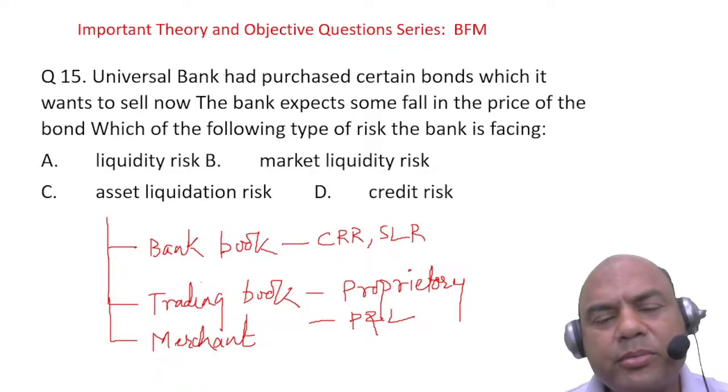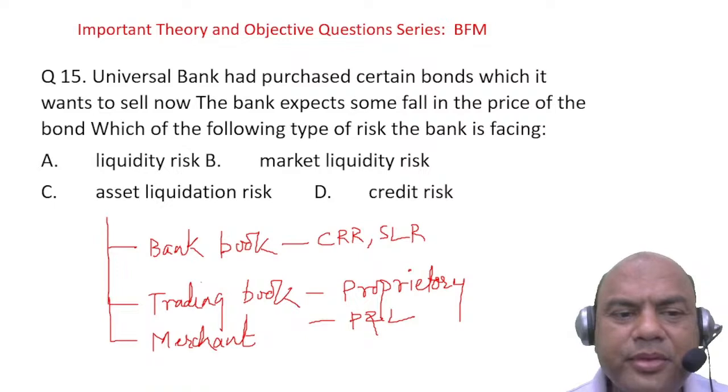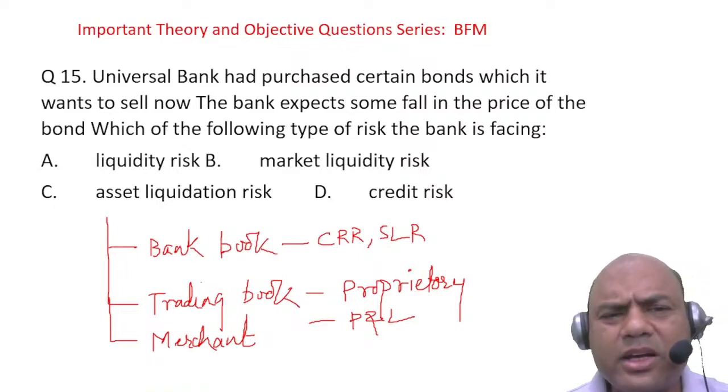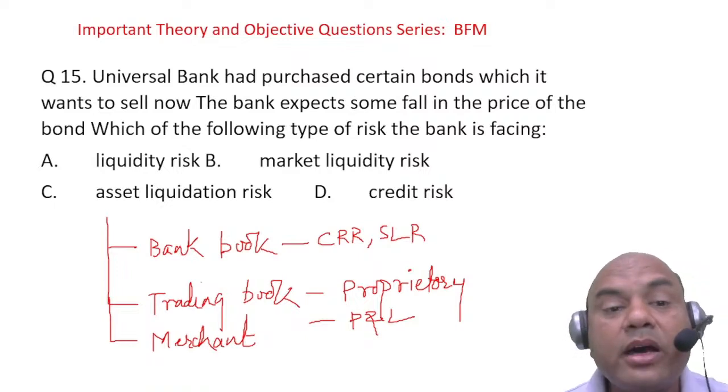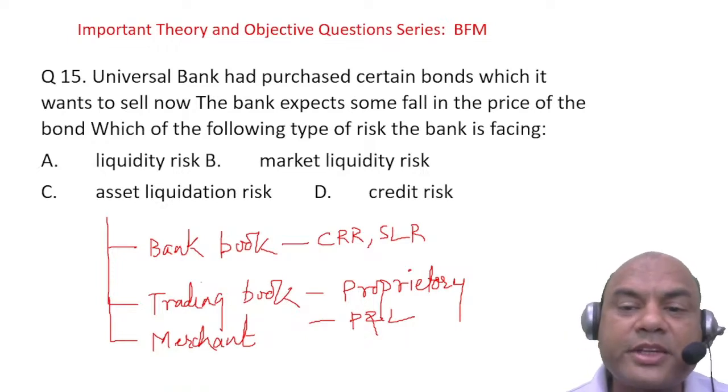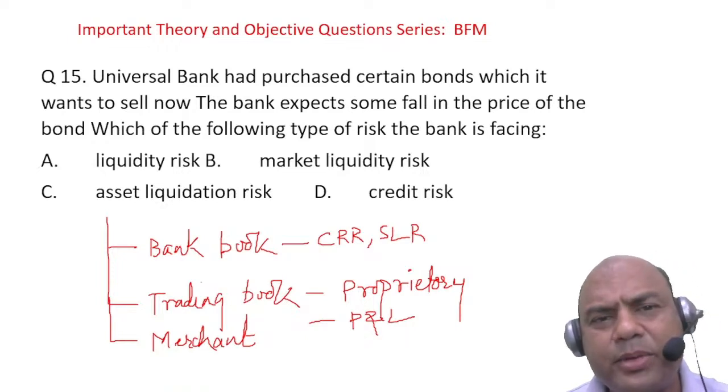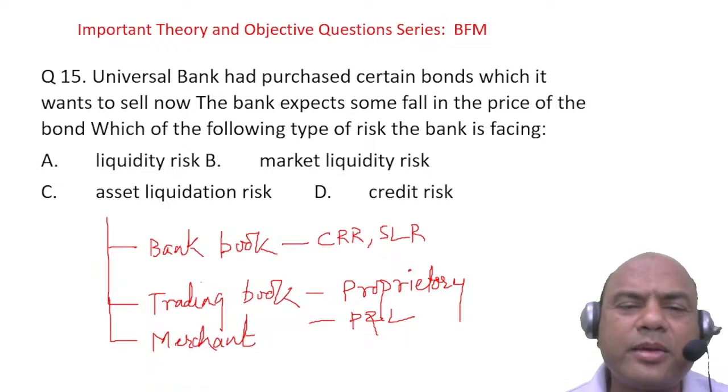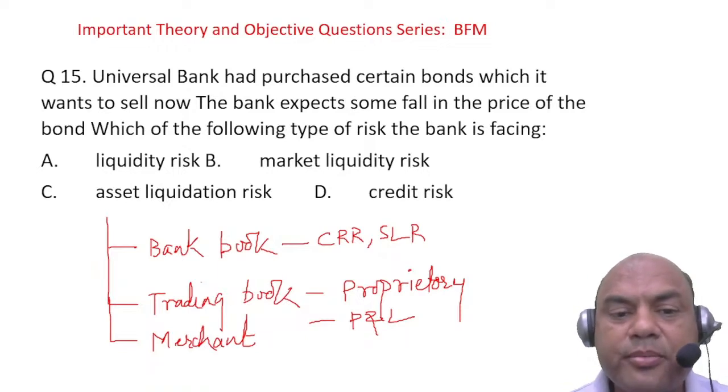Suppose I'm having some bonds of that and I tell you, sir, please buy those bonds. Will you buy it? Liquidity risk. Nobody is ready to buy those. But here, what are they saying? That it expects some fall in price. It means there is no liquidity risk. It might be sold at a lower price.